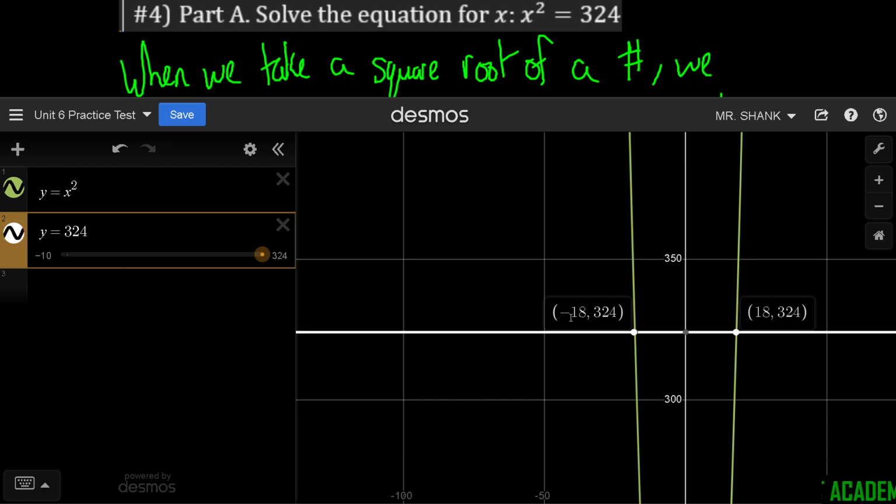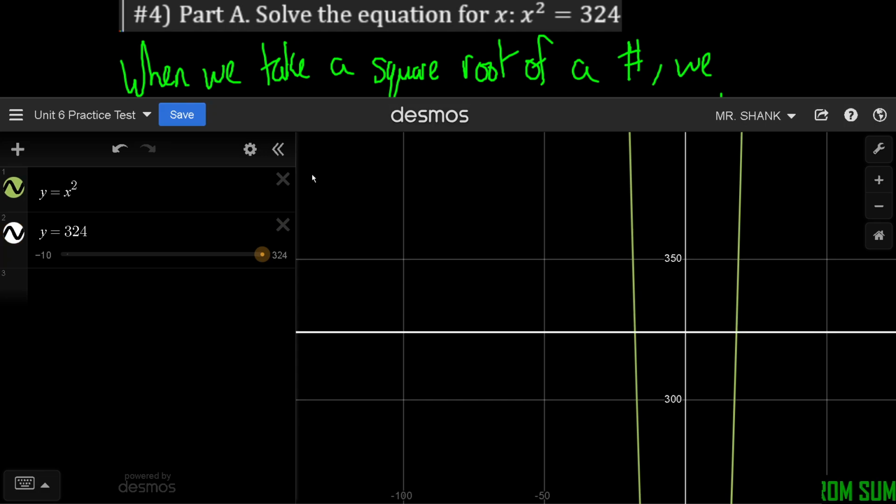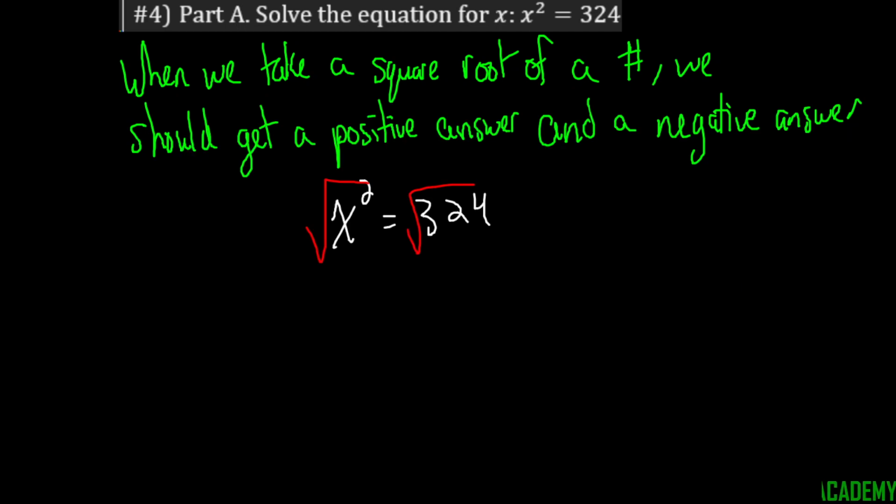And if I look at the x values, notice how my x value is negative 18 and positive 18. So that kind of reinforces that idea. Let me take that away, and let me write down my two answers here. I have x equals 18 and x equals negative 18. Those are going to be my two answers.